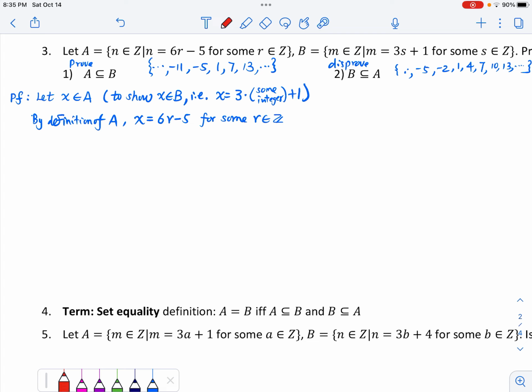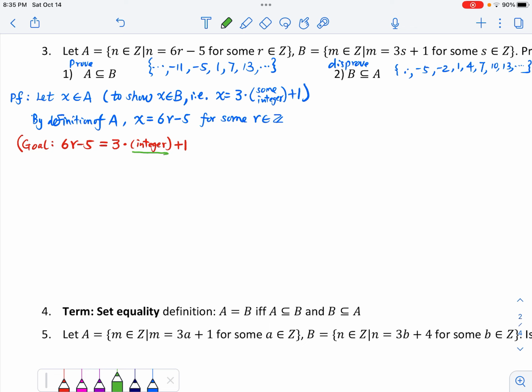In other words, here's my goal. Of course, I would not write this in my formal proof. I just write this out to help you understand why I am doing this. The x, which is 6r minus 5, I want to show that it can be written as 3 times some integer plus 1. That's what I'm trying to find.